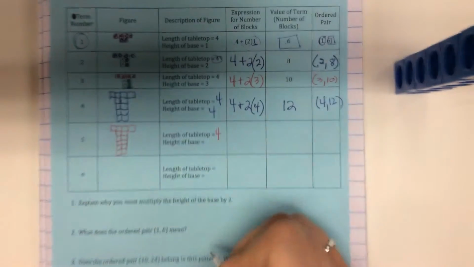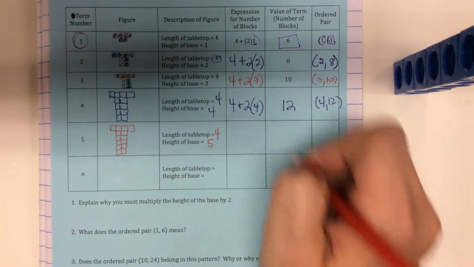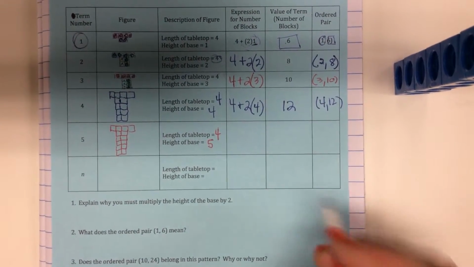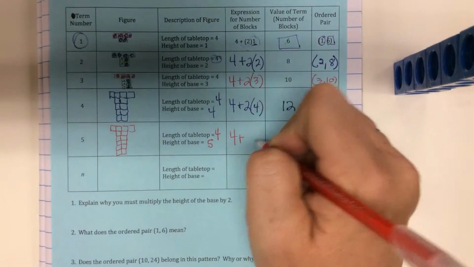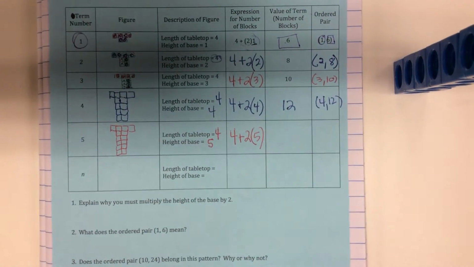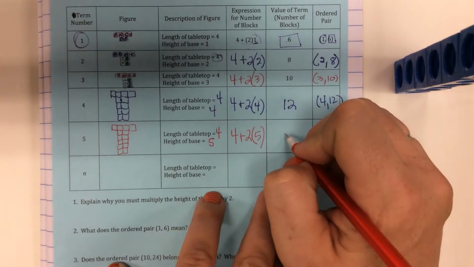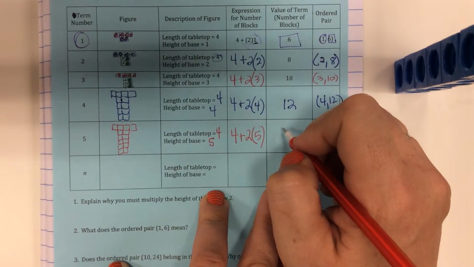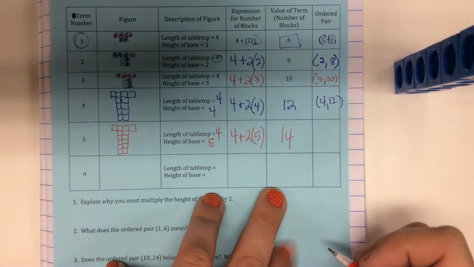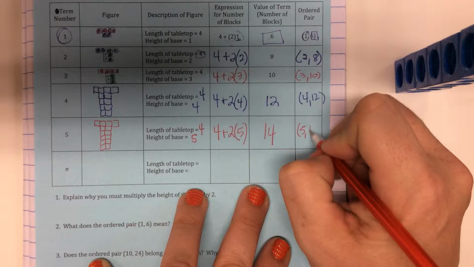So the length is 4, but the height is now 5. Can you write your mathematical expression? 4 plus 2 times 5. 2 times 5 is 10, plus 4 is 14. What's my ordered pair? 5, 14.